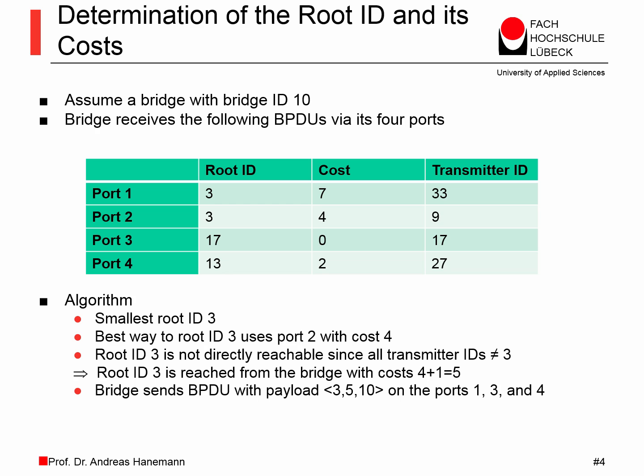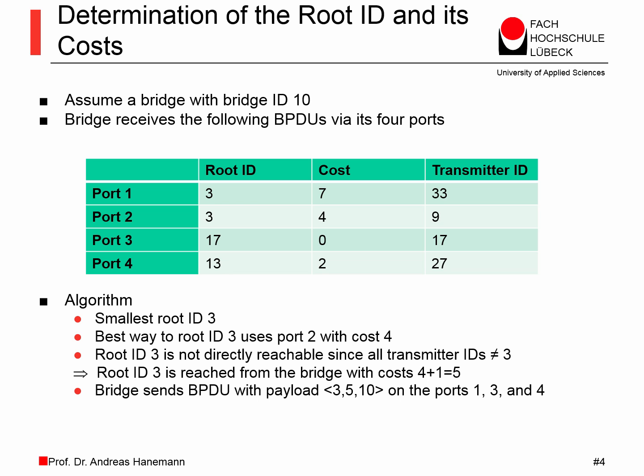At this point, it should be mentioned that lower IDs indicate a higher priority. Bridge 10 compares the root bridge candidate IDs to find the lowest one. It turns out that the ID 3 is the lowest. Both bridge 33 and bridge 9 know a path to this bridge. The cost for the path that bridge 9 knows is lower. As a consequence, this is the best option for bridge 10 to get to this root bridge candidate.